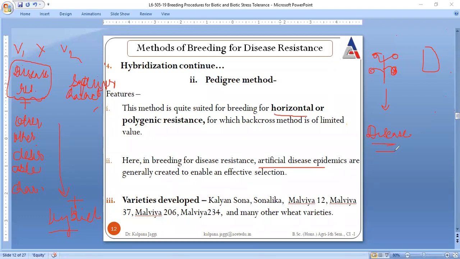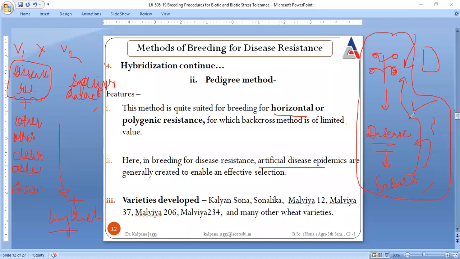But for the pedigree methodology, to ensure whether it is really disease resistant or not, we have to introduce disease into this environment artificially. If plants could survive against this artificially introduced disease, then we say we got the success.